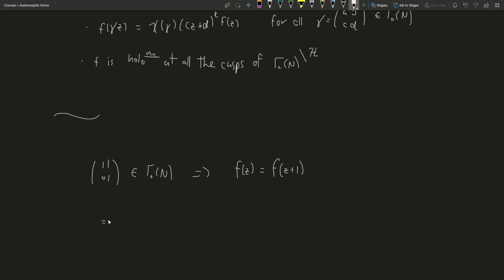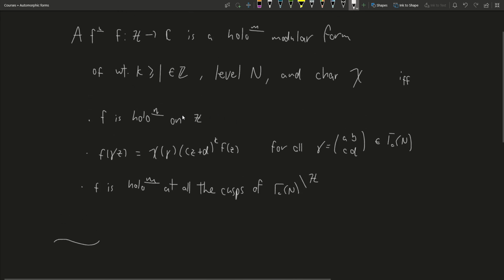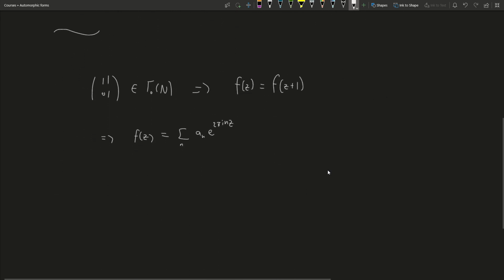And what that implies is that f of z has some Fourier expansion of the form, a sum over integers n of some Fourier coefficient times e to the 2 pi i nz. And what can we say about these Fourier coefficients given that it must satisfy these definitions?